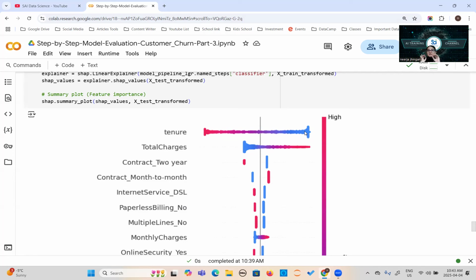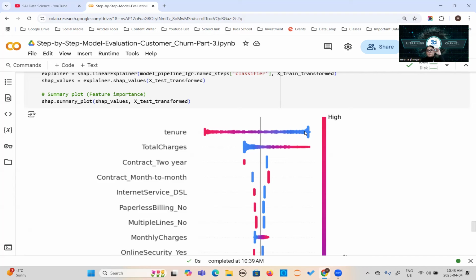I'm repeating this line: this is the purpose of tenure. We are just looking at whether it helps with negative weight or positive weight. Negative means your tenure value is very high. This means your customer has been connected with your bank for 34 months, 50 months, or maybe more than 25 months. It's a long tenure.